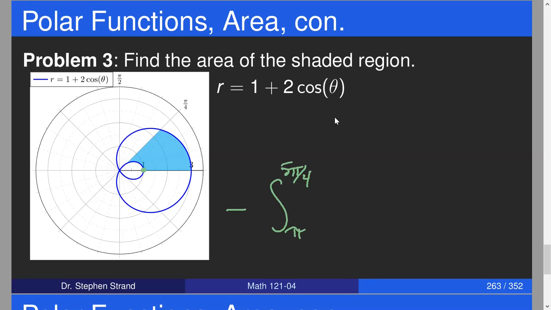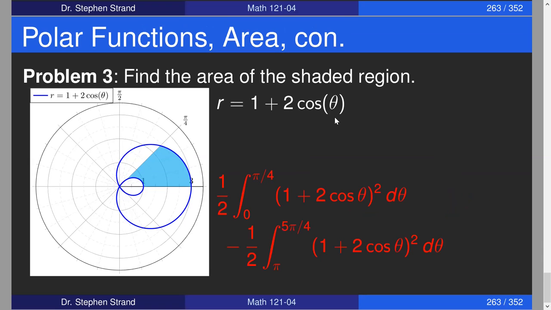And again, we're integrating the same function, so we're going to be looking at 1/2 times 1 plus 2 cos theta quantity squared. That's the area we have to subtract, and so putting that all together, we start from 0 to pi over 4, we get the big area, and then we subtract the little loop by integrating the same curve, the same polar function from pi up to 5 pi over 4.